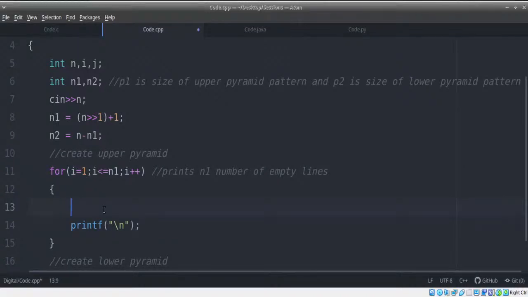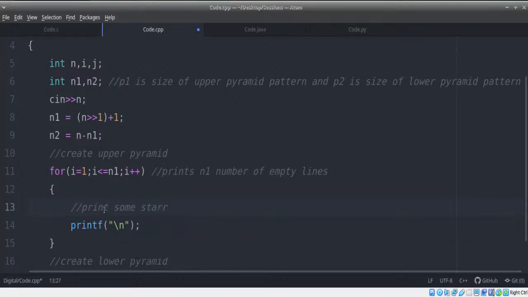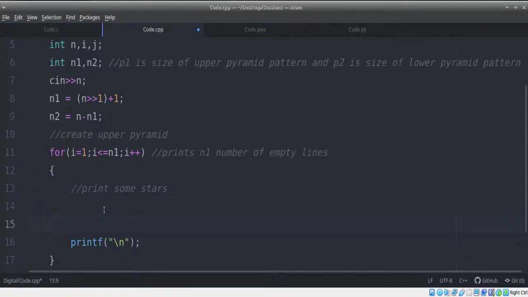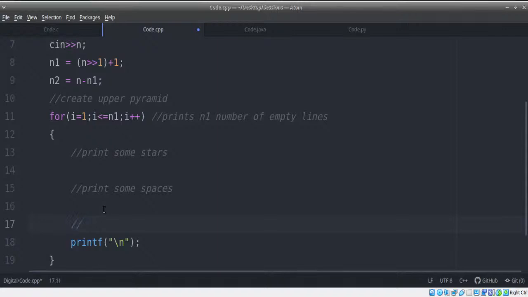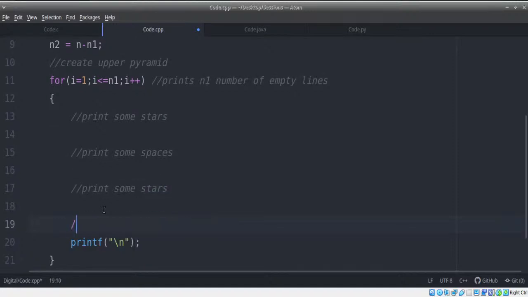So for each row, I need to first print some stars. After printing some stars, then I need to print some spaces. After spaces, then again I need to print some stars. After the last stars, then I need to go to next line.